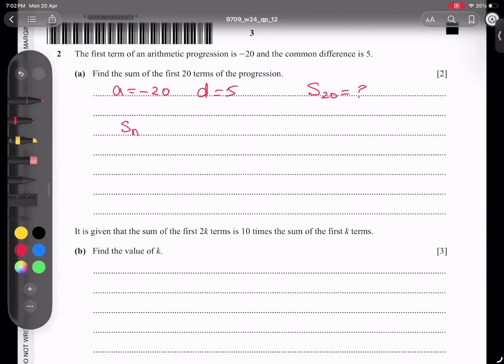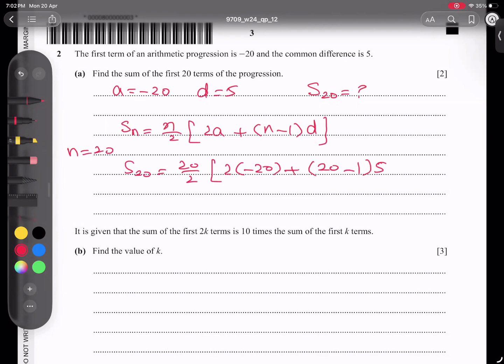So what is the formula for S20? n by 2 into (2a plus (n minus 1) times d). Plug in n as 20, a as negative 20, and common difference as 5.